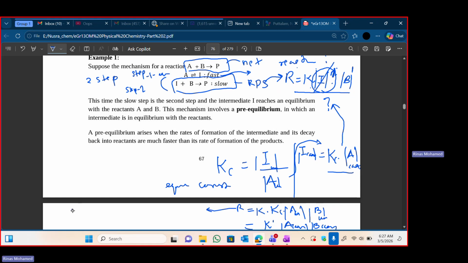We can also write Kc equals KF divided by KR, the forward reaction's rate constant divided by the reverse reaction's rate constant. Then I can replace that one also: K into Kc into A's concentration into B's concentration.